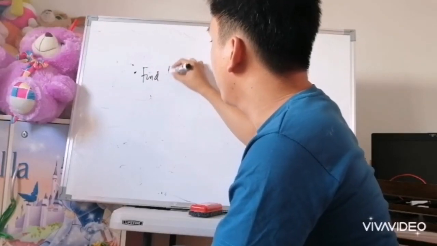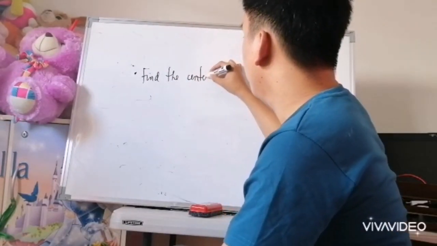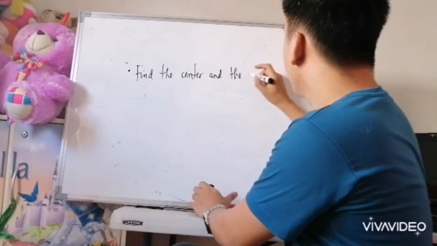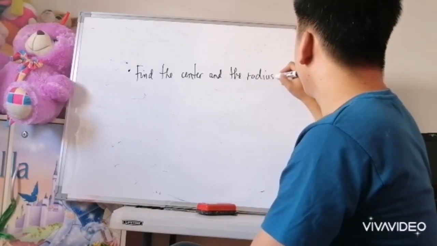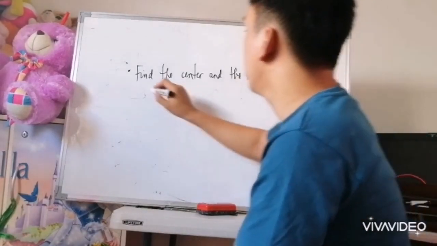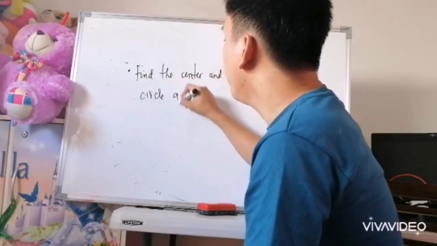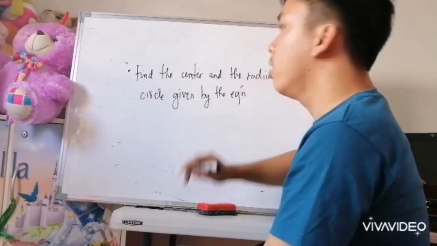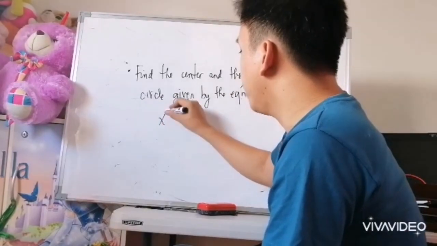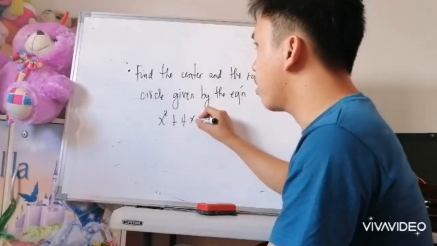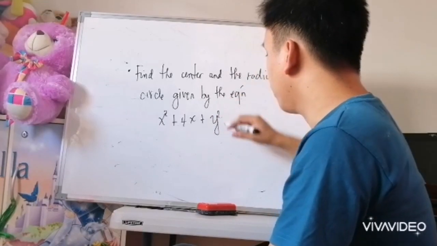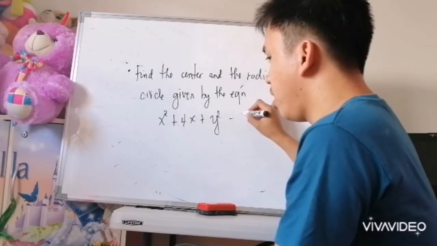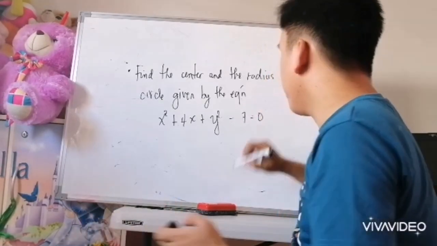Find the center and the radius of the circle given by the equation, let's say x squared plus 4x plus y squared minus, let's say, 7 equals 0.